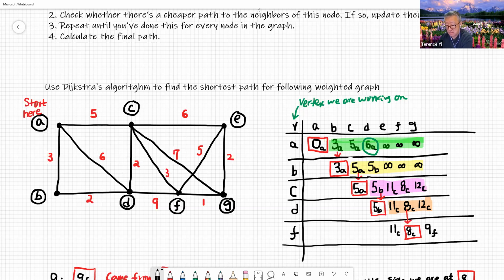Okay, all right. So we're almost done here. So now I'm going to shade a couple of them here. So now we are left over with the 11C here, then we got 9F over here. So obviously the 9F is smaller than 11, so we're going to use the 9F.